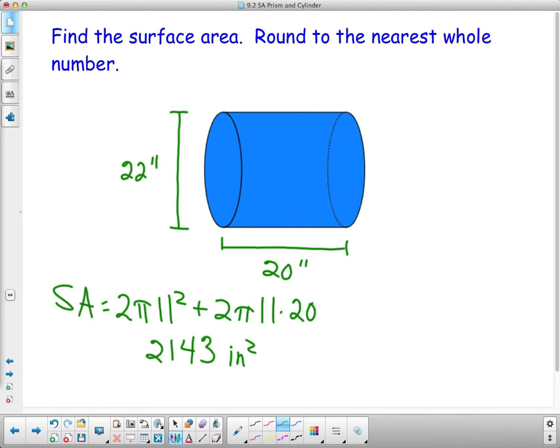So that's the difference. See, the 20 is how far from one circle to the other. That's what the height is.